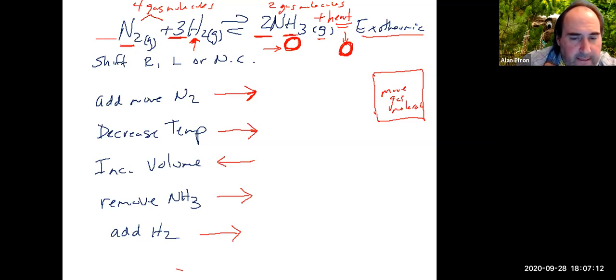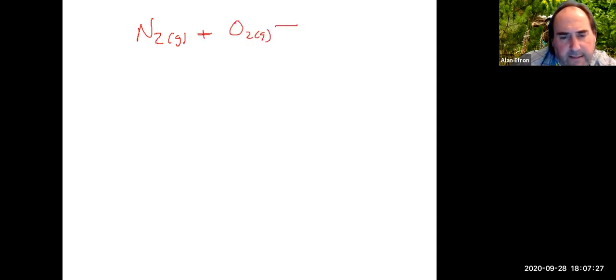Okay. Let's try another one here just to make sure. Let's see, let's go with N2 plus O2 gives us 2NO. And we'll do endothermic on this one. Why not? Endothermic.